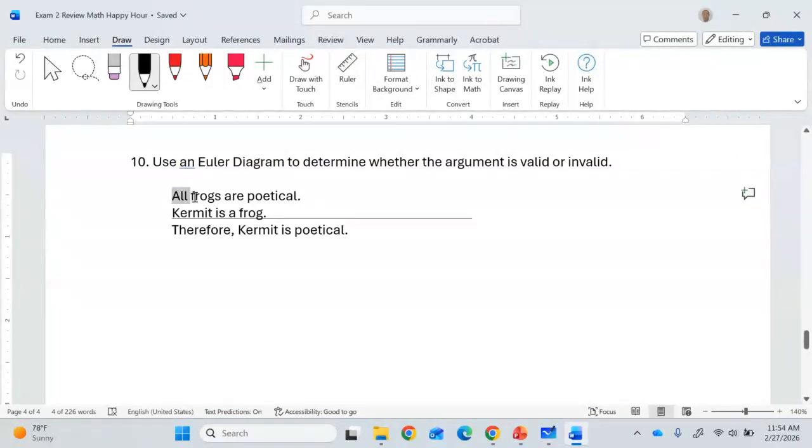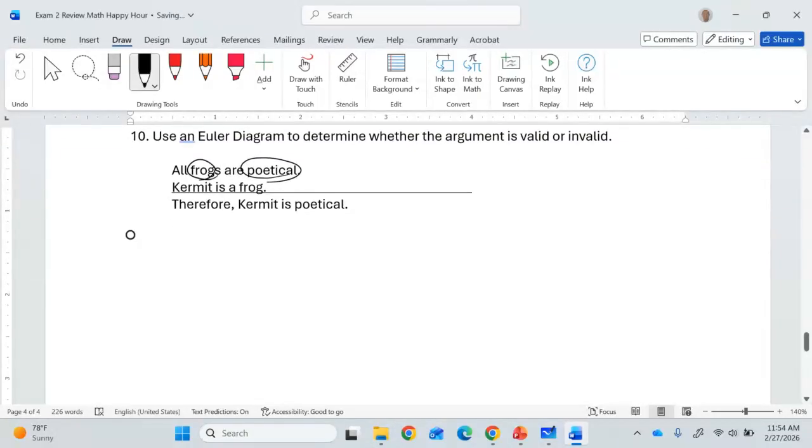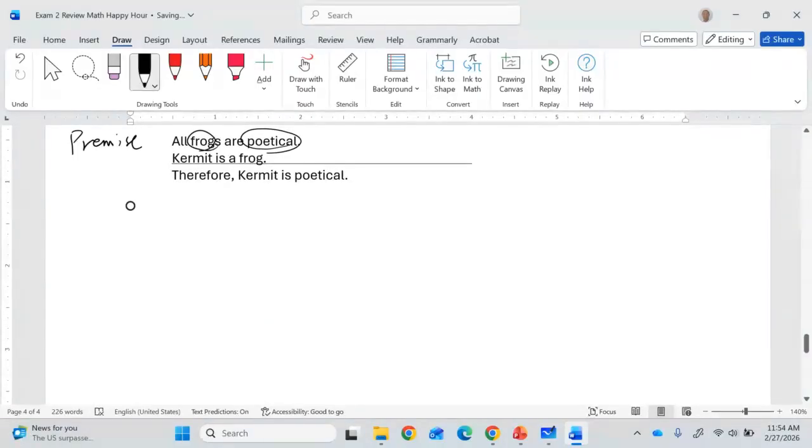And so when an Euler diagram starts with all, for this one we have frogs and poetical. The first premise, you will represent by doing two circles, one inside of another one.